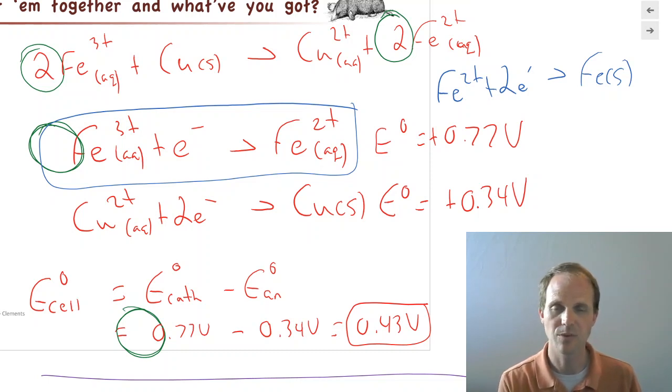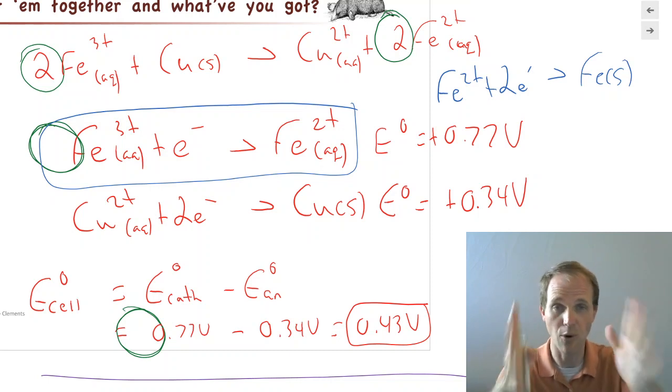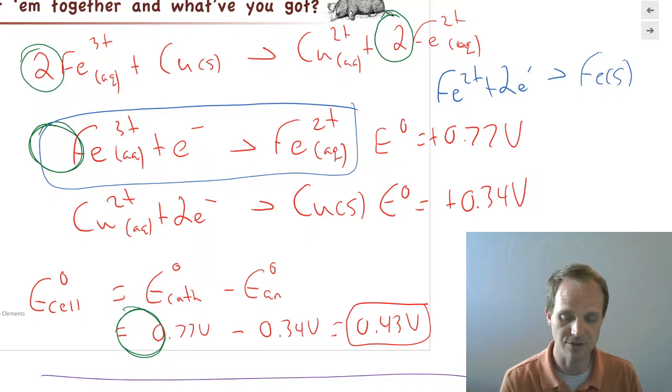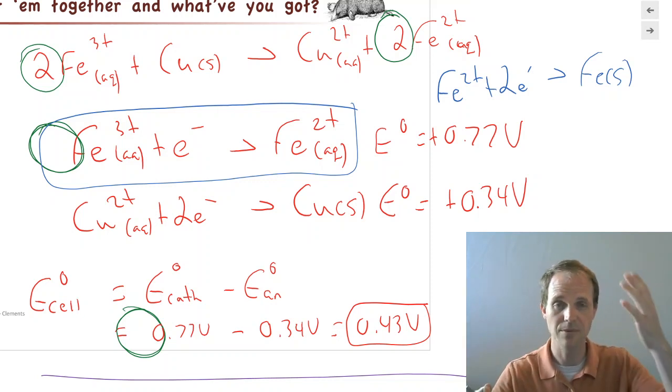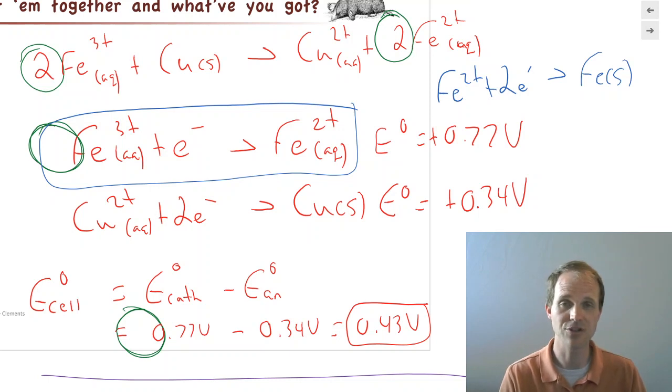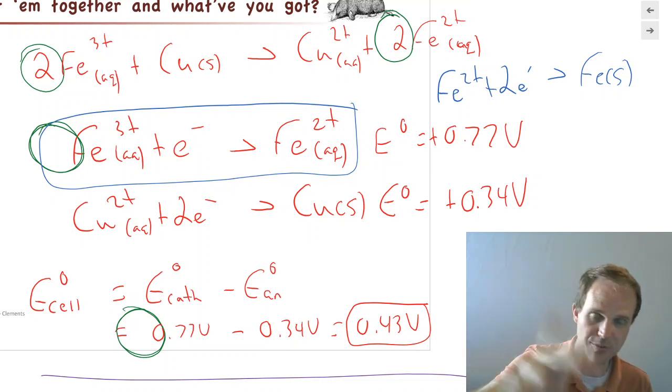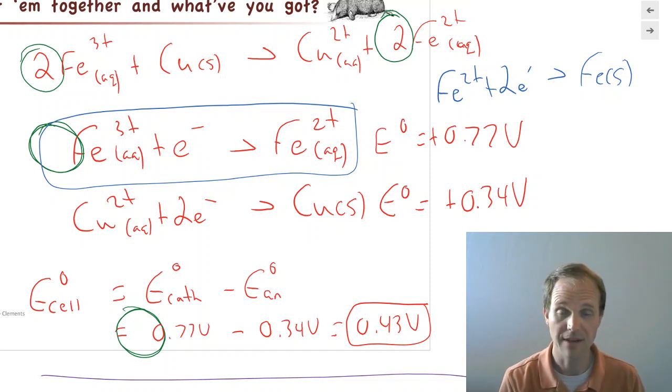Well, very similar to when we were doing our equilibrium expressions, and we're like, oh, how do we know which conjugate acid conjugate base pair to use when we had Ka1, Ka2, Ka3, you literally have to look at both things that you have and make sure both of those things are in the reduction potential you looked up. So I know I've got Fe3+ and Fe2+. So I've got to make sure that whatever standard reduction potential I look up has Fe3+ and Fe2+, not just one of them. Okay, very important, because if I look up the one that has Fe2+ and Fe solid, that's an entirely different reaction, entirely different potential, and might actually go the opposite direction.